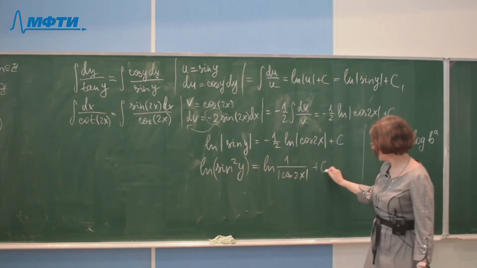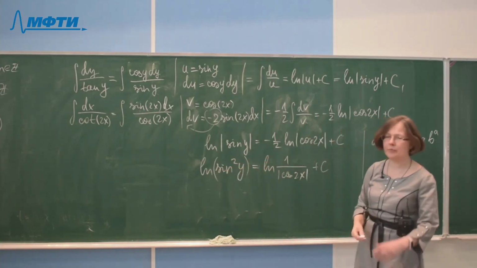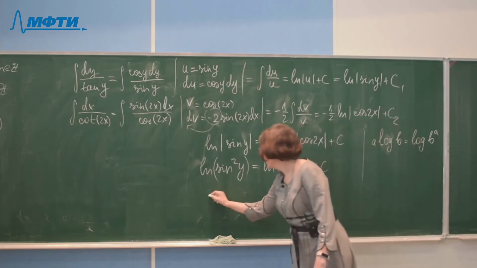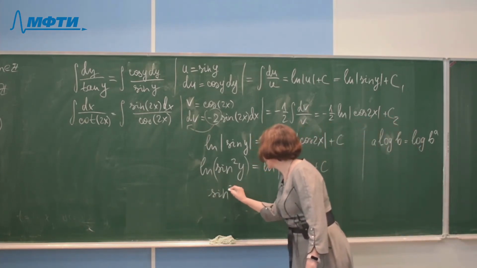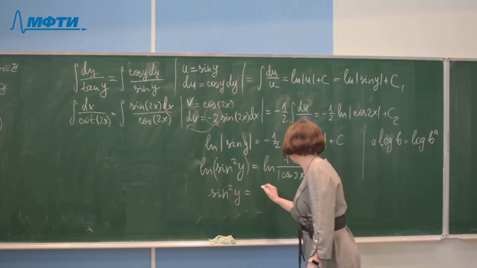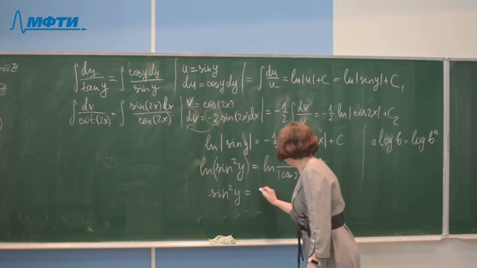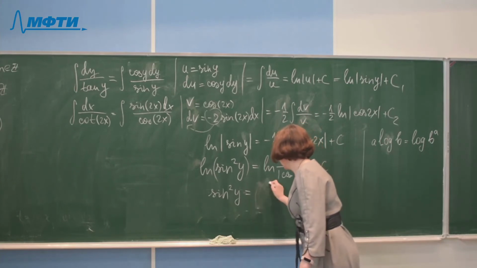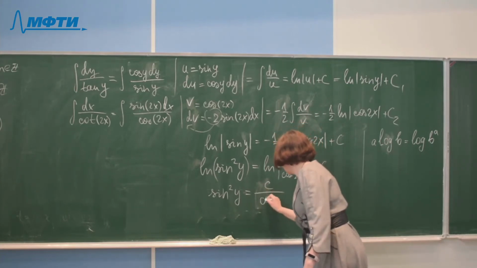Plus c is an arbitrary constant, then we can remove the logarithmic function and write sine squared y equals c divided by cos 2x.